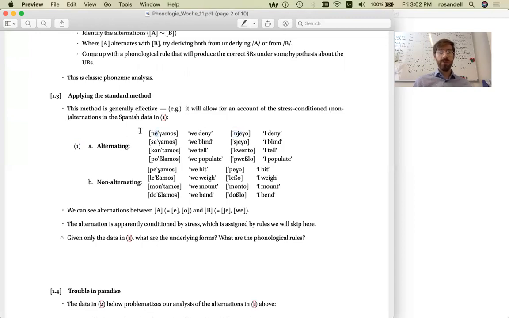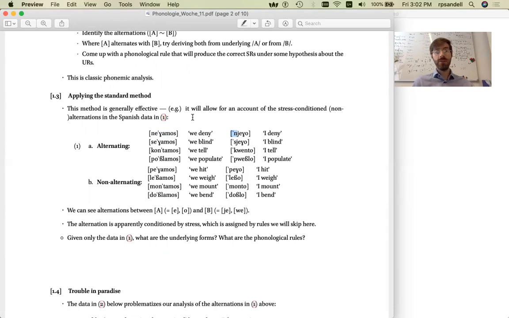So in the first syllable of the verb negamos, we deny, when we have it in its first singular present form, there we have the stress in a different position. Notice here, the stress is on the penultimate syllable in negamos, but on the initial syllable in niego.